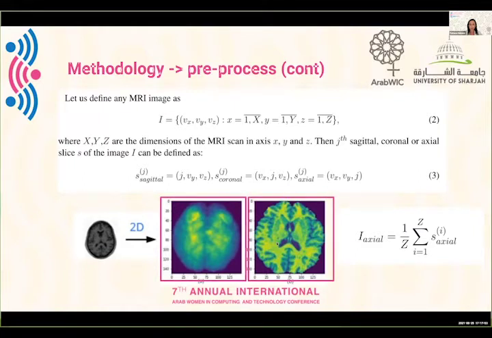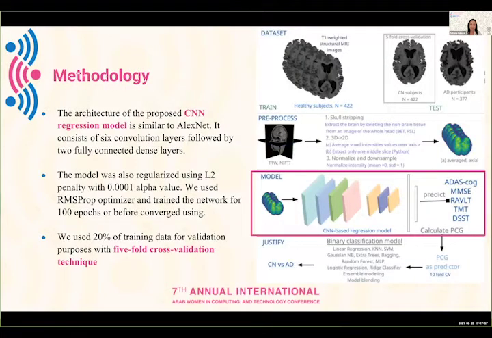Both of these data sets were fed individually to the designed convolutional neural network-based regression model. The output of this regression model is the cognitive test results specified here, specifically ADAS, MMSE, RAVLT, TMT, sorry, trail-making test, and DSST.